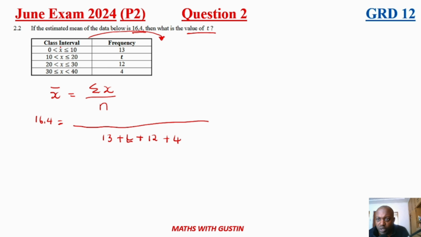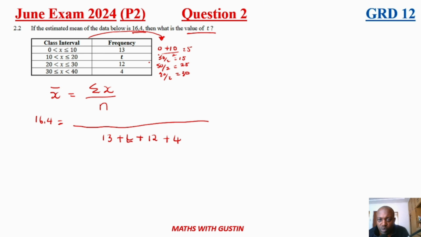When you look for the mean, you must look for the middlemost value. So 0 plus 10 divided by 2 equals 5 for this class, and then 10 plus 20, which is 30, divided by 2, equals 15. Then 20 plus 30 is 50 divided by 2, which equals 25, and similarly thereof. And then this one will give us 35, after saying 70 divided by 2.